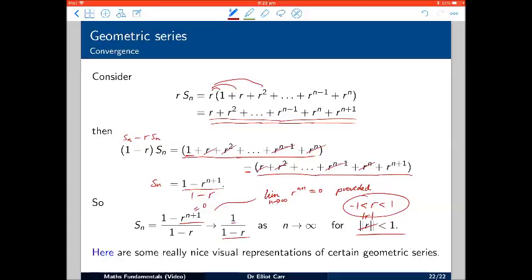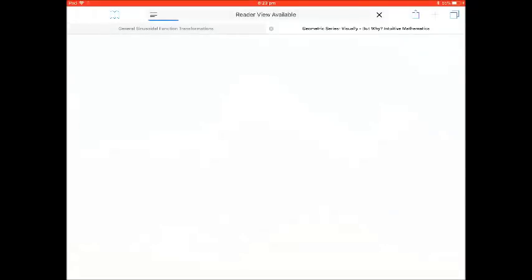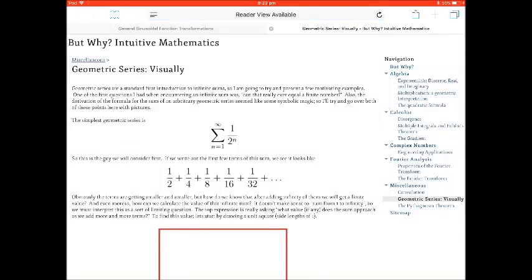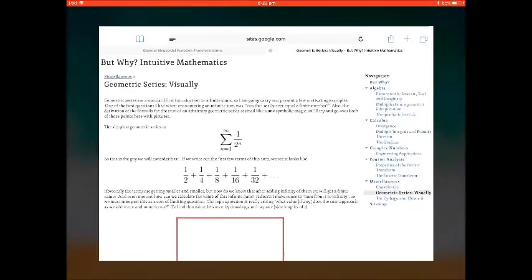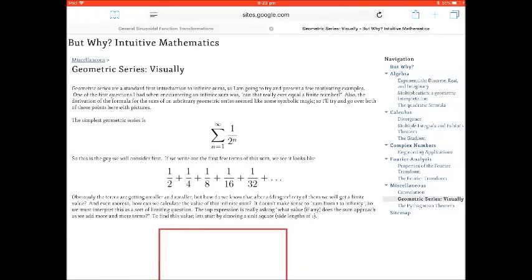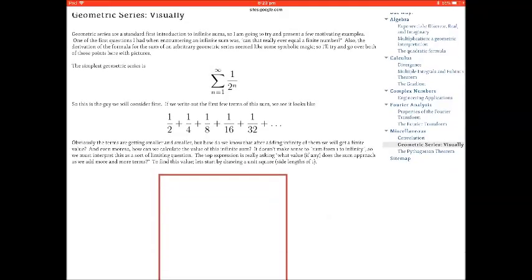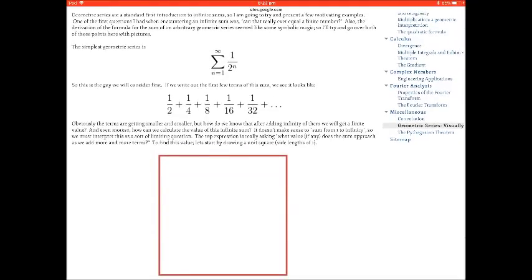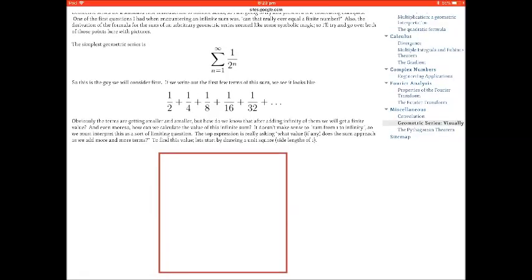Just to finish off, there's quite a nice link here that talks about geometric progressions and explains them visually. This is a geometric progression with r equal to 1/2.